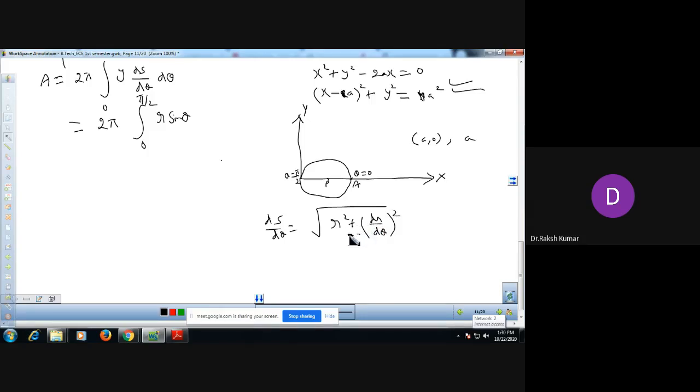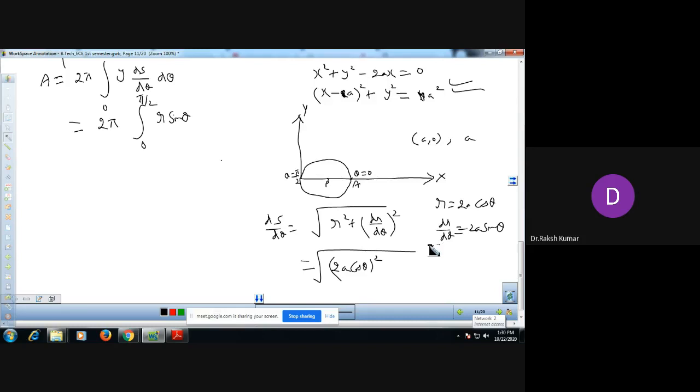And this is the formula we have. Now we can put the value. What is r? r is given to us. You just see the equation. Given equation is r is equal to 2a cos theta. So its square will be there. Now differentiate r with respect to theta. It comes out to be minus 2a sin theta.